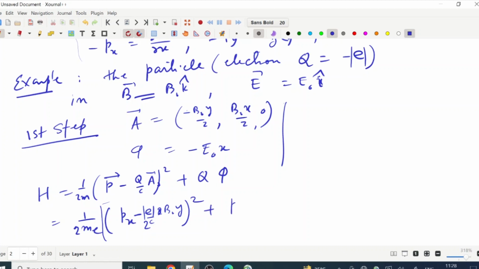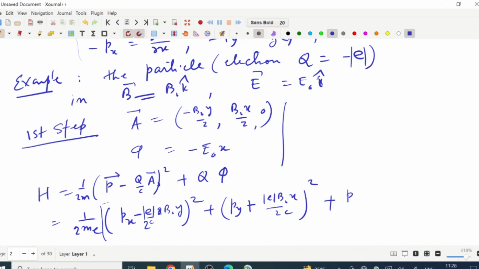Similarly, p y again, the electronic charge is negative, so negative, negative, positive, and this term also is positive. So, mod e B0 x by 2c, whole square, and there is no component of the vector potential along the z direction.